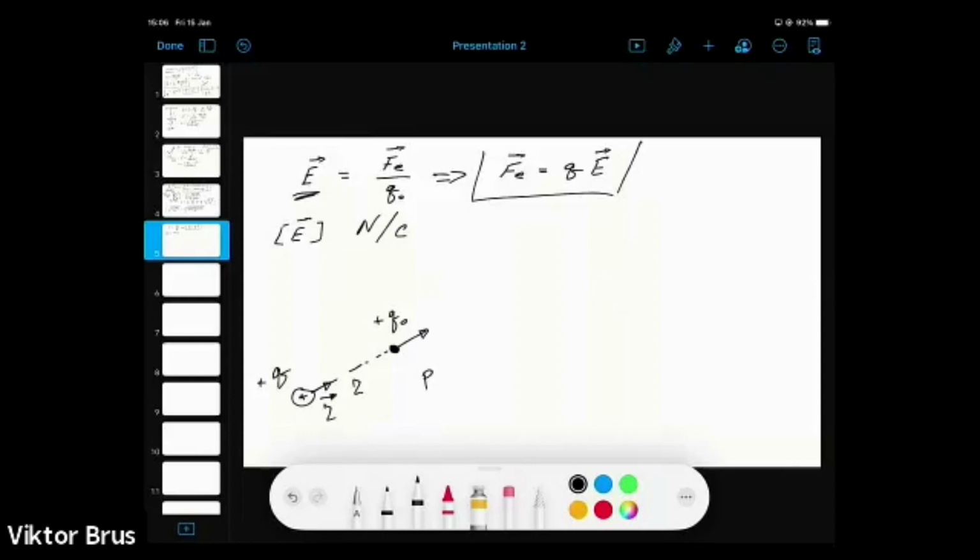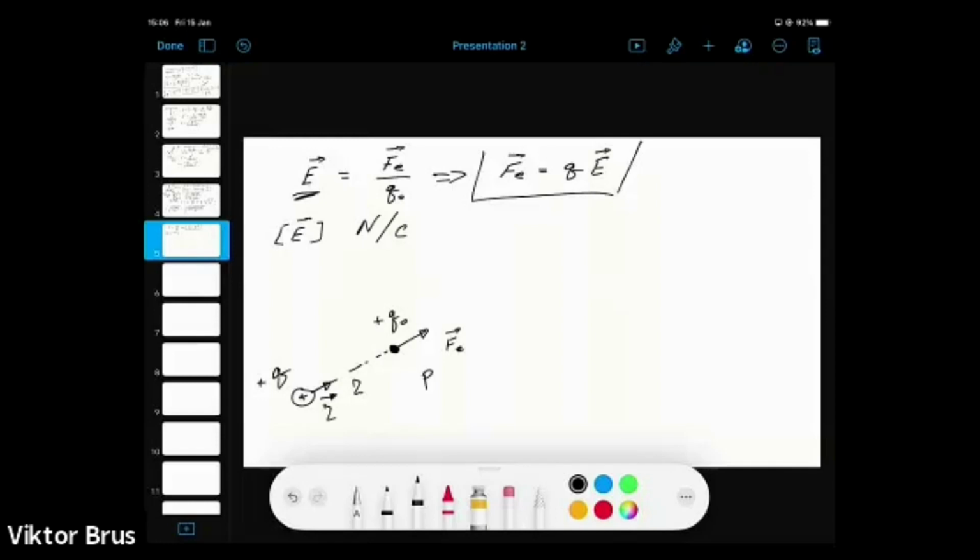So the electric force will be directed from the source charge along the line which connects two charges.